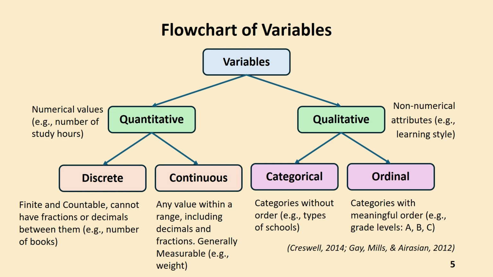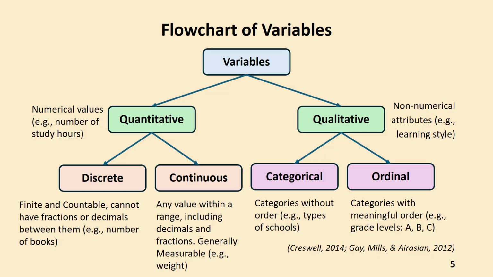So I hope discrete and continuous variables are clear. Now let us move to the qualitative variable. Generally, when we deal with qualitative variables, the very basic idea is that they are non-numeric attributes. Example, learning style. Further, qualitative variables are classified into two categories: categorical and ordinal.